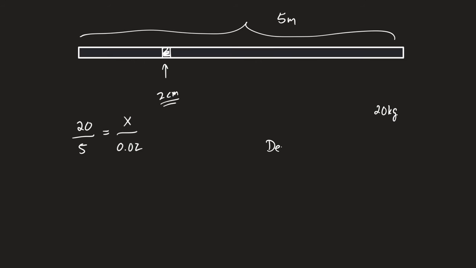You also could remember that density equals mass over size. You might have found the density of the object, which was 4 kilograms per meter. And realize that if I multiply this by its size, I'll get its mass.